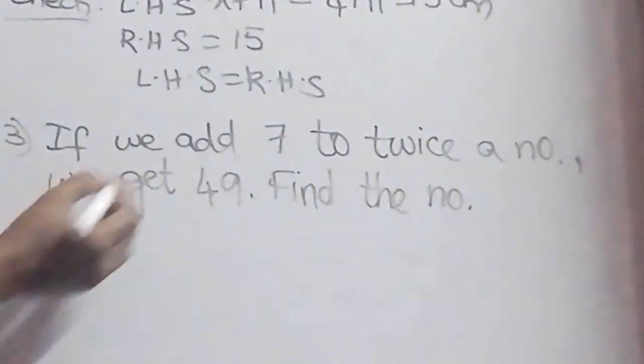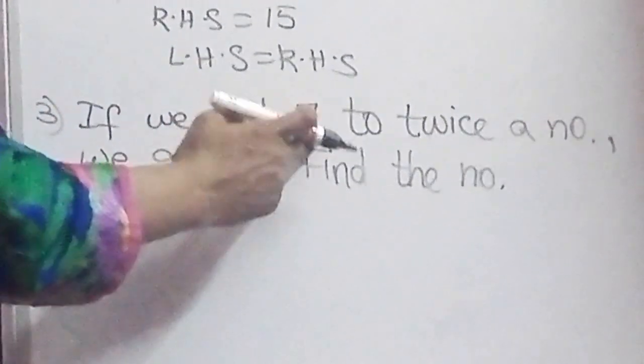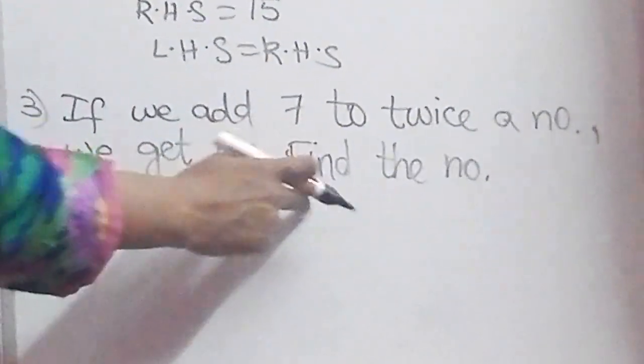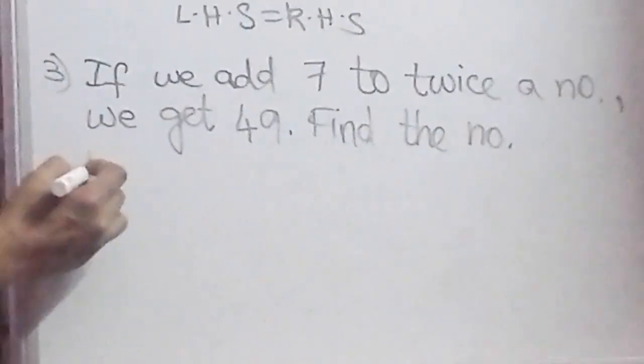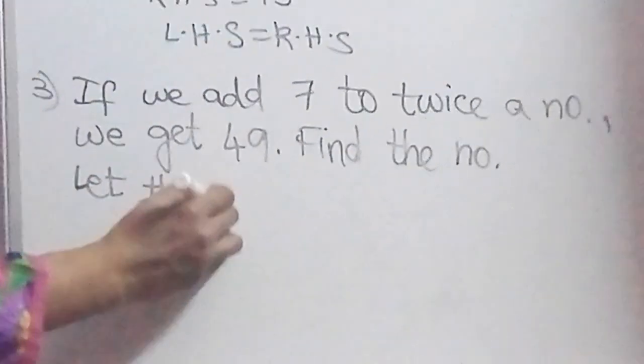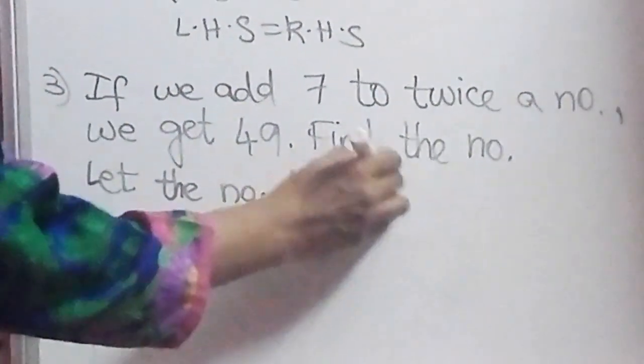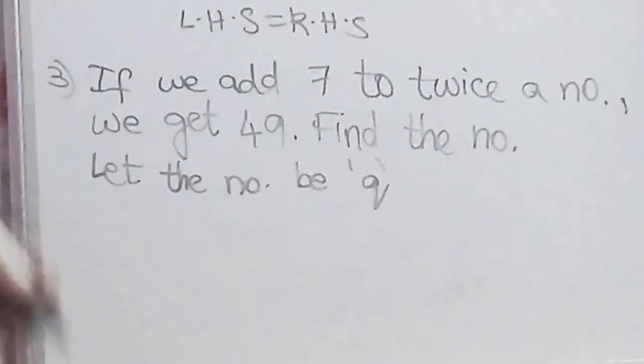So now here, find the number. If we add 7 to twice a number, we get 49. Find the number. So let the number be Q. Q is the variable that I am taking.